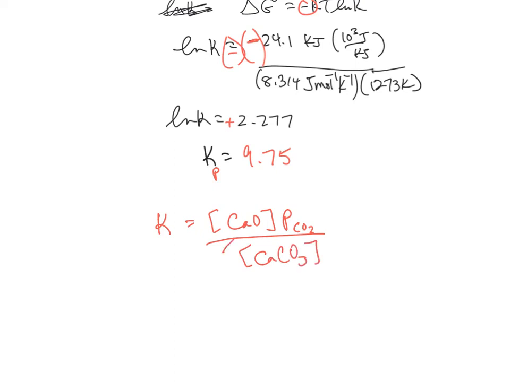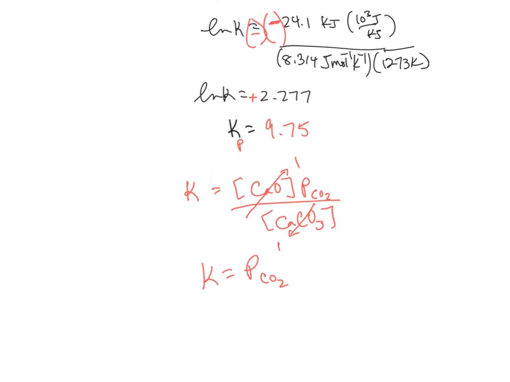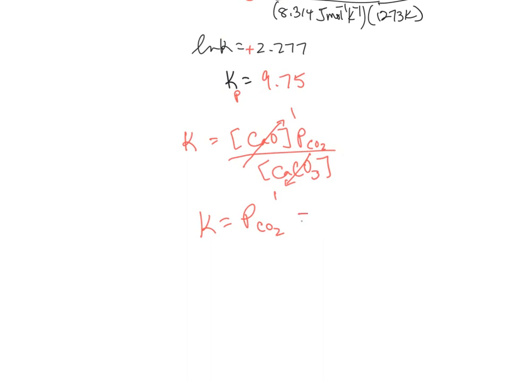So you remember the convention that pure solids have concentrations equal to 1. So then K is equal to the pressure of CO2, and that will be equal to 9.75 atmospheres. So K is 9.75, and then, although it wasn't asked for, the pressure is 9.75. You could write that down twice.